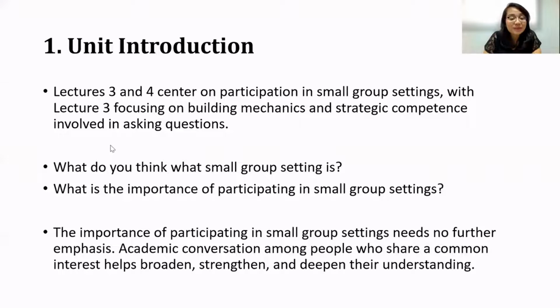Well, the importance of participating in small group settings needs no further emphasis. Academic conversation among people who share a common interest helps broaden, strengthen, and deepen their understanding. So although the group discussion is just small, it doesn't mean that it's not significant for students. It's still significant because a small group setting can instead provide a more intense discussion, right?